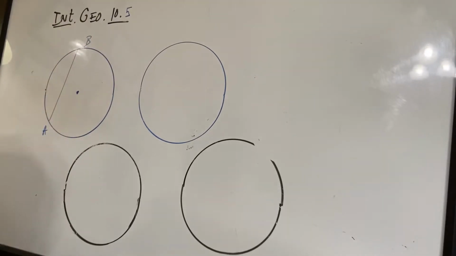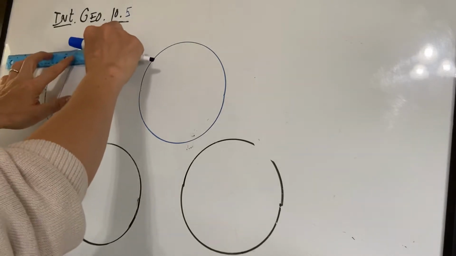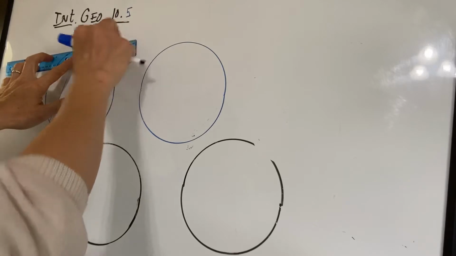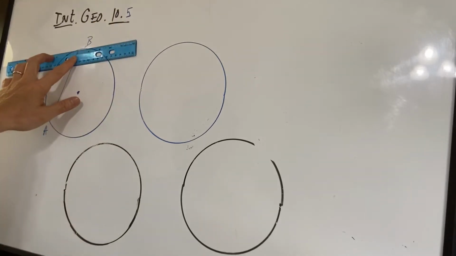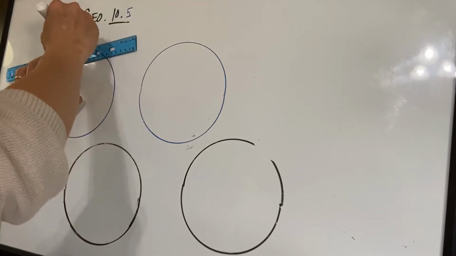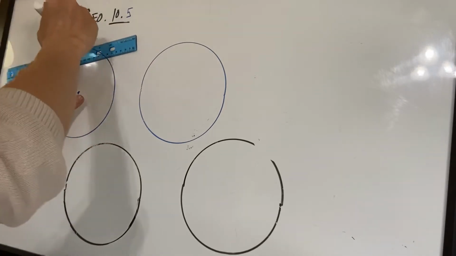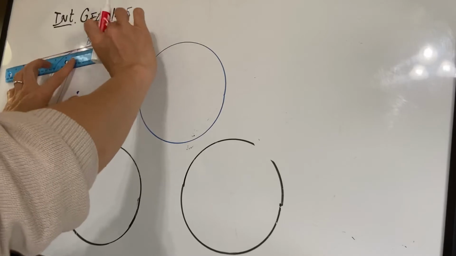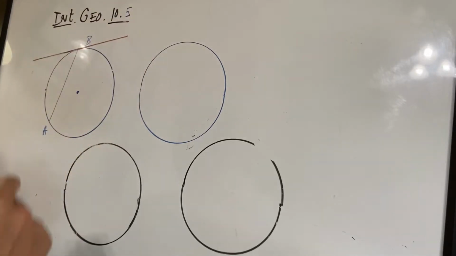And now, what if you have the tangent line to the circle at the point B? There we go. What if you have right now the tangent line to the circle at the point B? And they make this angle right here.